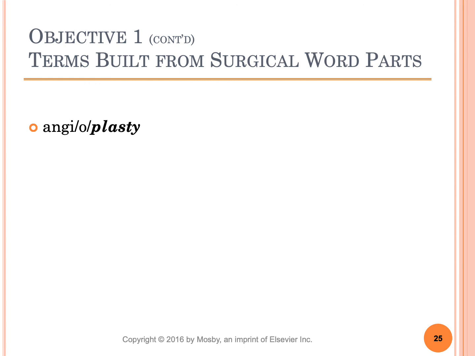If it is into an artery, we would call it an arteriotomy. If it's into a vein, we would call it a veinotomy. What about phlebotomy? Phlebotomy is creating that incision into a vein, and that's where we get the term phlebotomist.